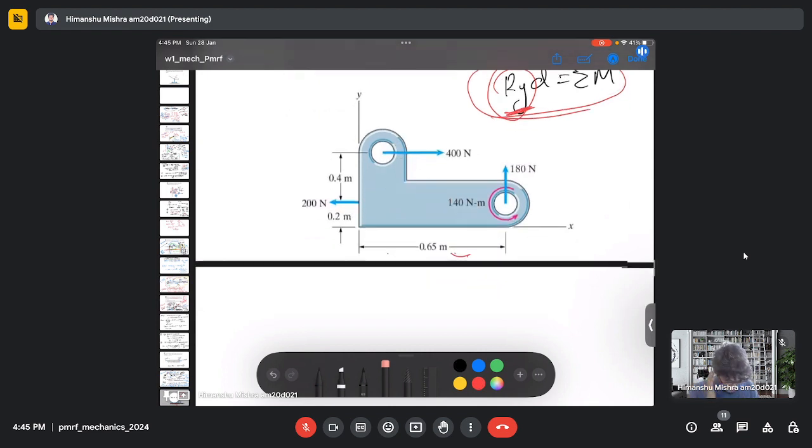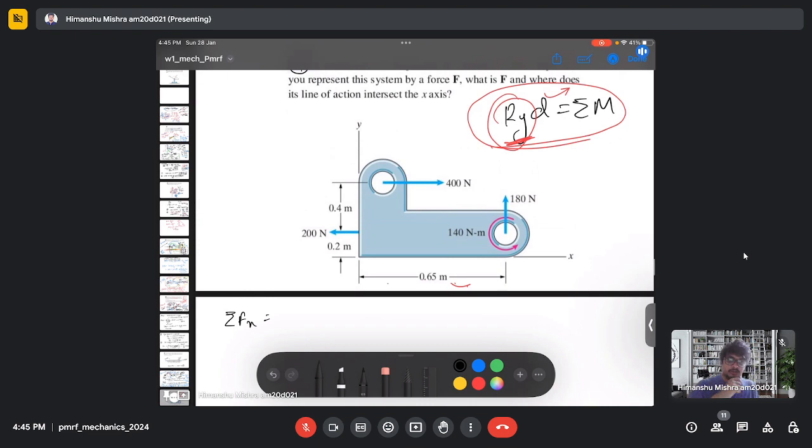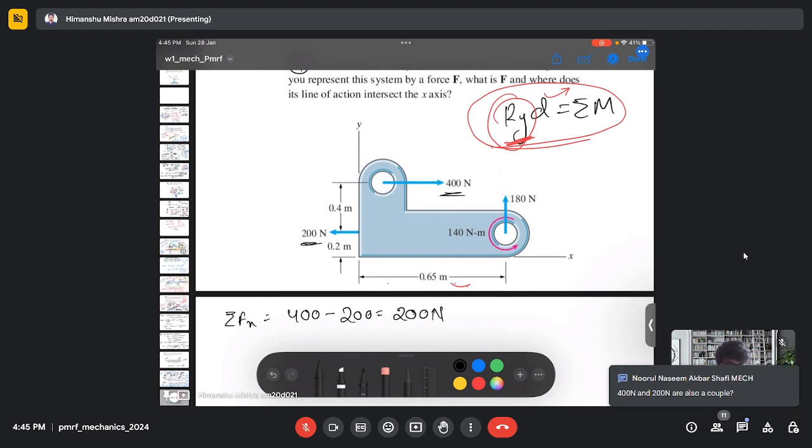So first do the force balance here, which is Fx. The total horizontal forces are this 400 Newton and 200 Newton, so it will give you directly 200 Newton. Well, it can act as a couple.